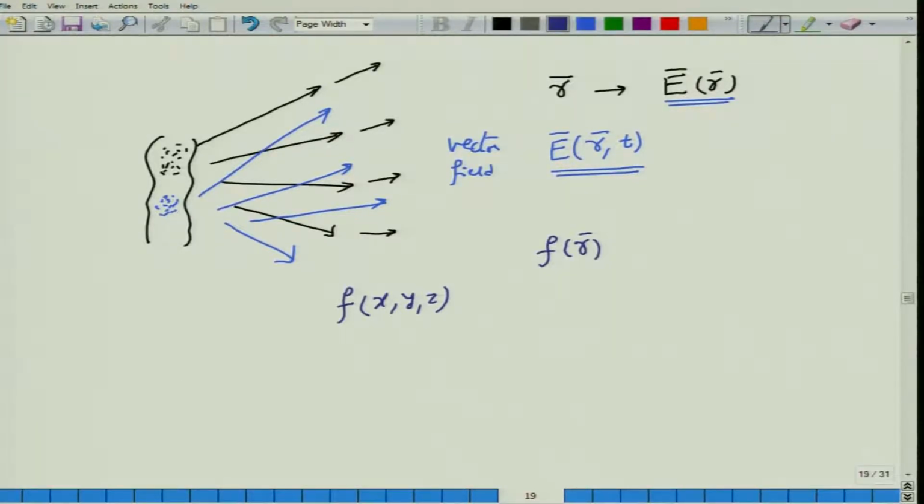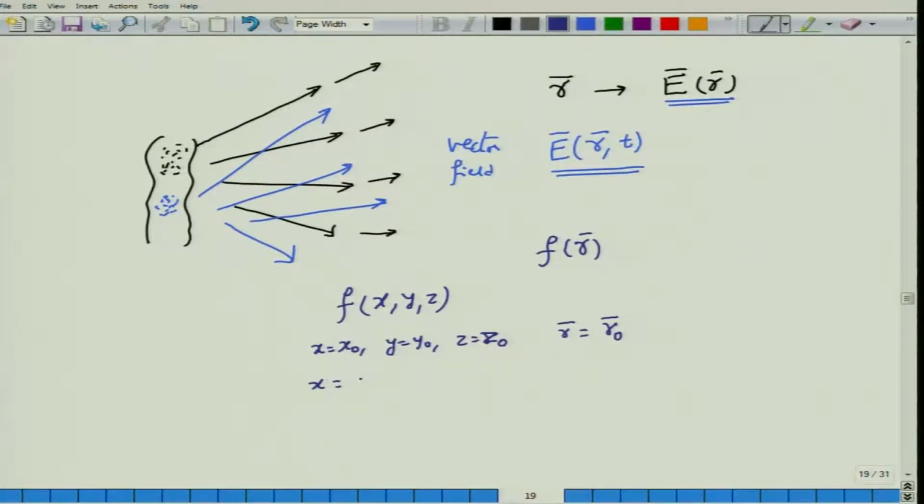Suppose I know the value of this function at a certain point, x equal to x naught, y equal to y naught and z equal to z naught. In other words, at a certain position vector r equal to r0, I know the value of this function f.